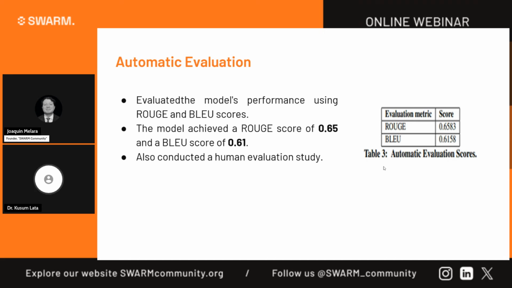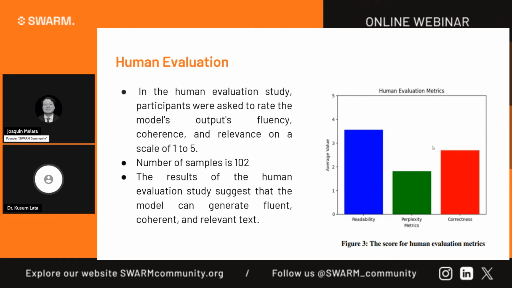For automatic evaluation, we have used ROUGE and BLEU scores, because most of these metrics are commonly used, and the scores are shown here: 0.6583 and 0.61 for BLEU. In the human evaluation study, we considered other metrics: readability, perplexity and correctness. The number of samples we used for human evaluation was 102.